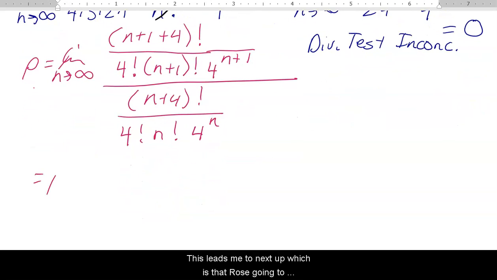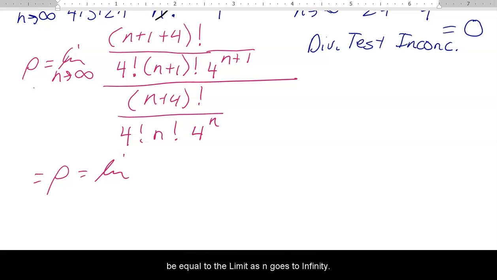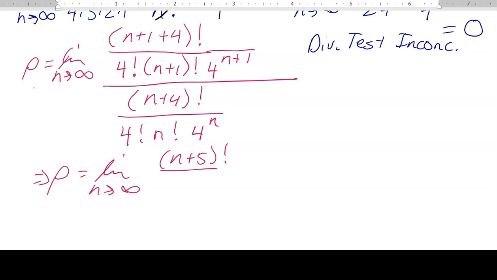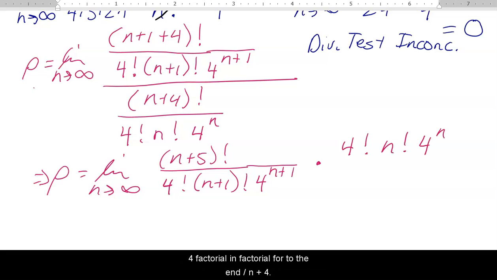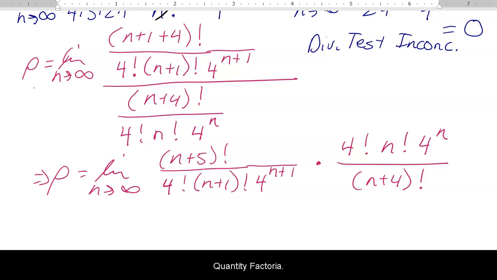This leads me to the next step, which is that rho is going to be equal to the limit as n goes to infinity of, well, n plus 1 plus 4 would be n plus 5 factorial divided by 4 factorial times n plus 1 factorial times 4 to the n plus 1, times, now I take the denominator fraction's reciprocal and multiply by it. 4 factorial, n factorial, 4 to the n divided by n plus 4 quantity factorial.